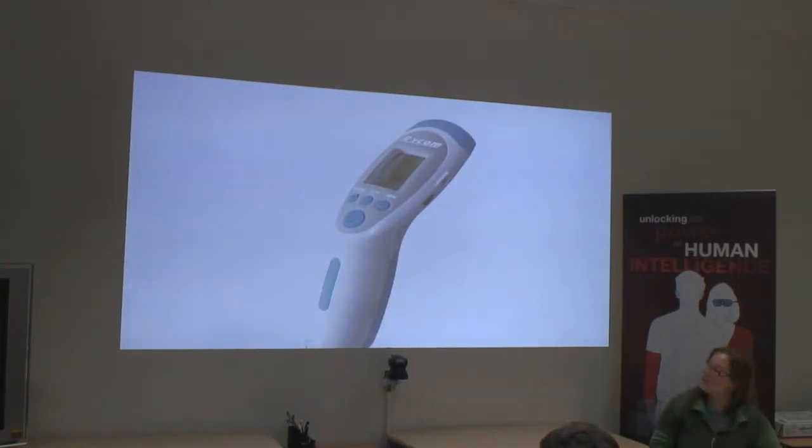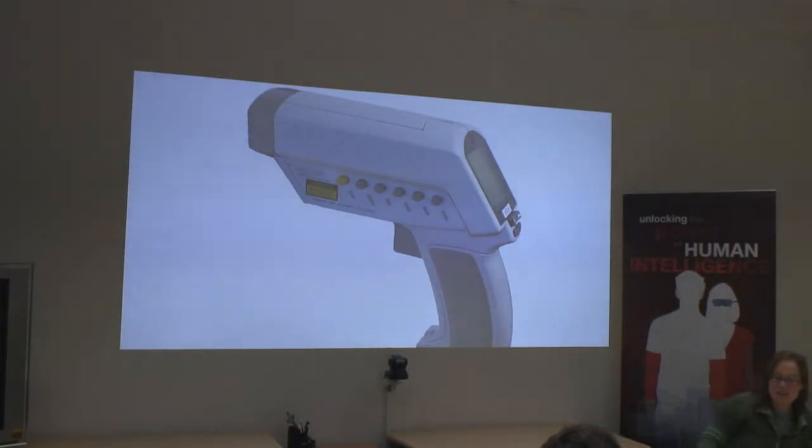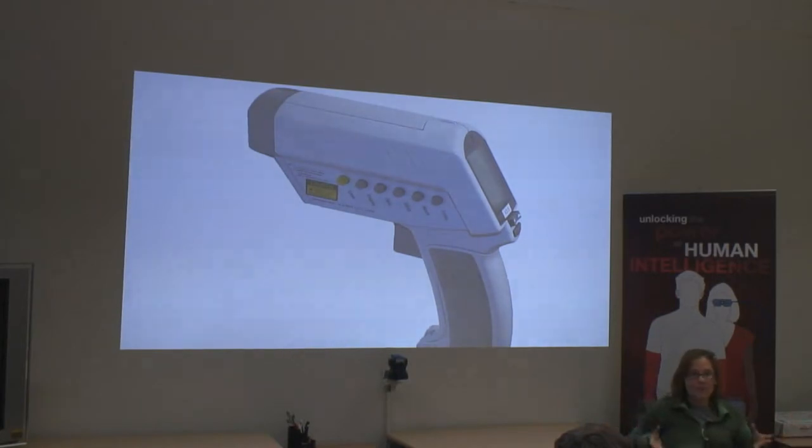Some of the companies redesigned it in such a way that it's less obviously a gun. But if you think about this kind of designs, I cannot even imagine that someone who was designing this thing could have even thought about nurses and doctors and done studies with them. It's just that they didn't really think about all the stakeholders that are playing a role in this interaction that's going on.